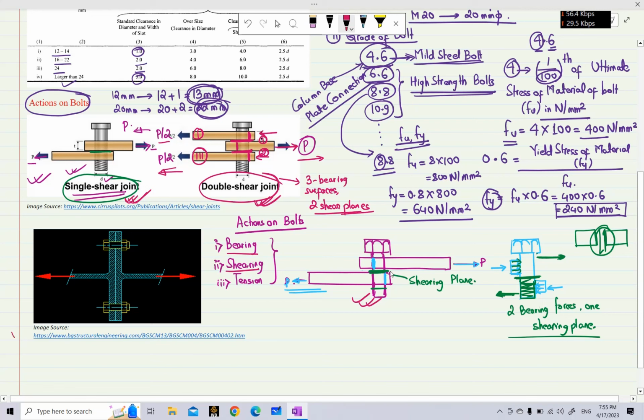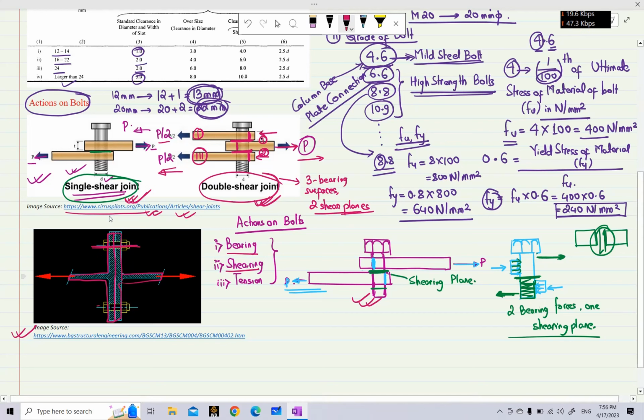Now if we look at this third diagram, for every diagram I have mentioned the image source from the internet website from which I have taken it. If you look at this diagram below, you can see that these 2 plates, one plate here and the other plate here, are being joined or clamped by 2 bolts.